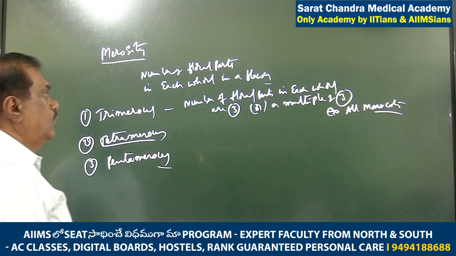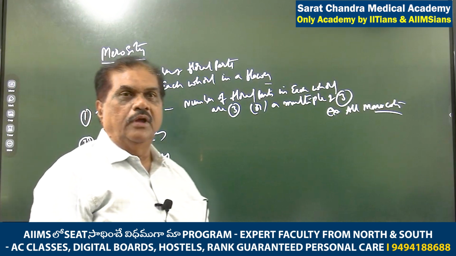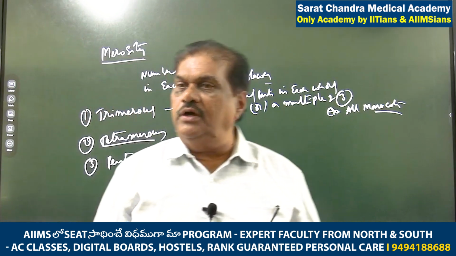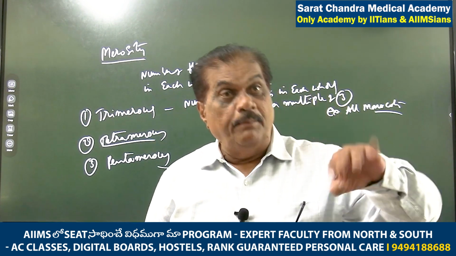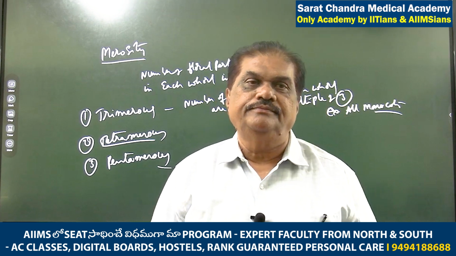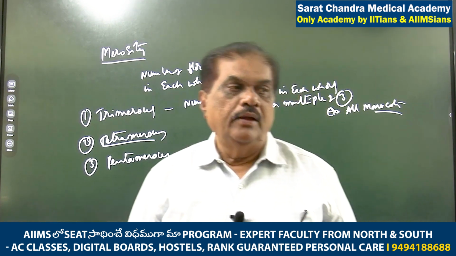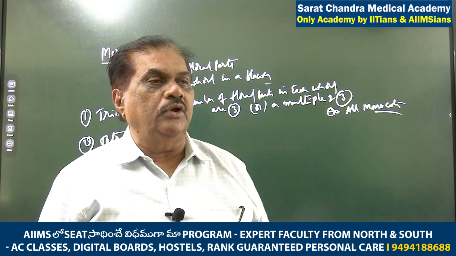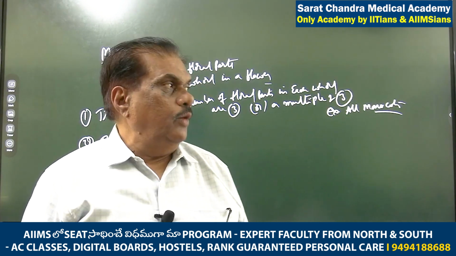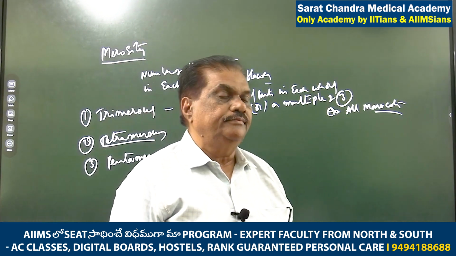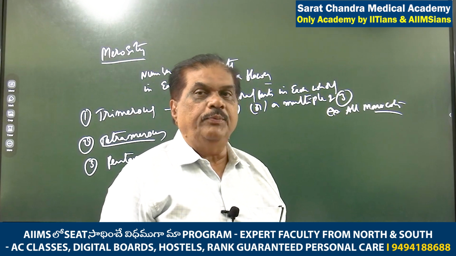Tetramerous. What is the definition for tetramerous? The number of floral parts in each whorl is 4, or a multiple of 4.